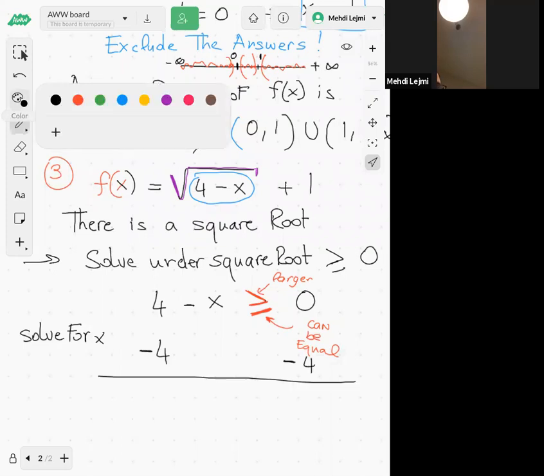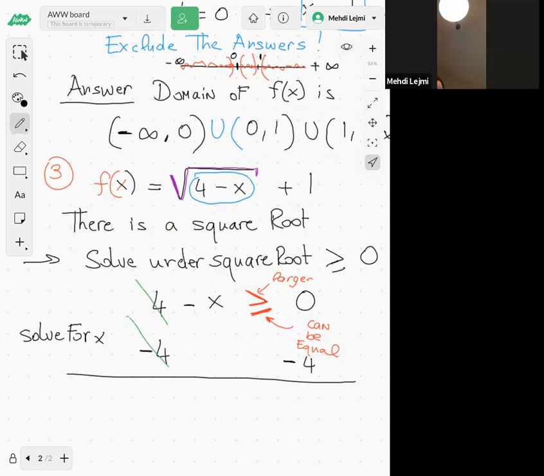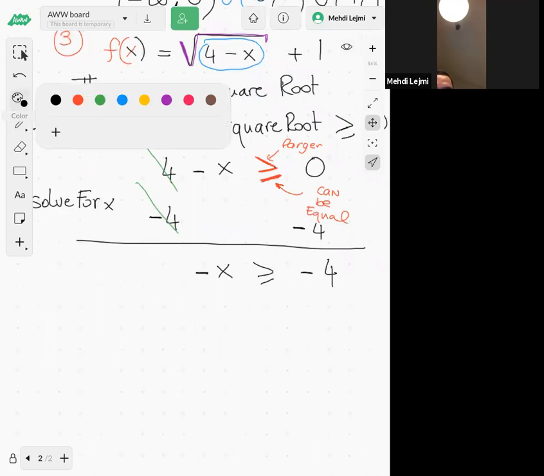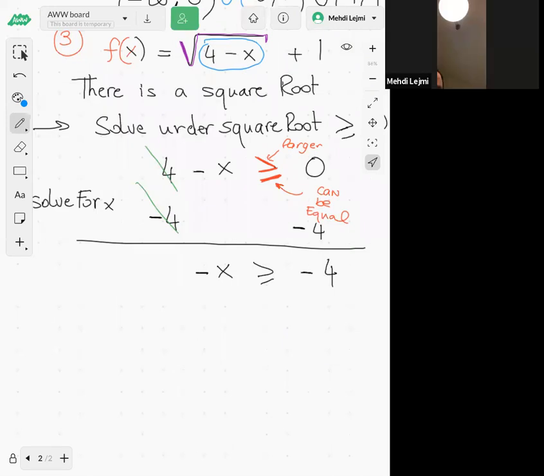Then you're going to have negative x larger or equal to 0 minus 4, that will be negative 4, right? Now, the thing is, this is not exactly x, this is minus x. So we need to get rid of this minus, which is bothering us, right? So how do we get rid of the minus?